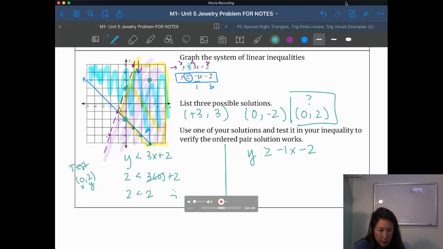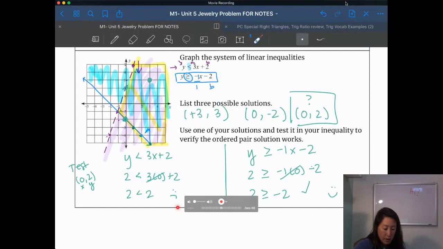We're going to try the other one. 2 is greater than or equal to -1 times 0 minus 2. 2 is greater than or equal to -2. This is true. So is it okay for us to be true in one equation but not the other? No, we have to be true at the same time.